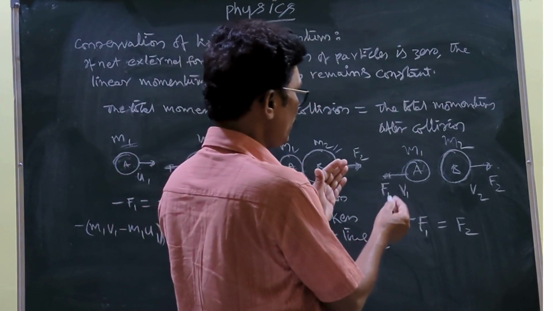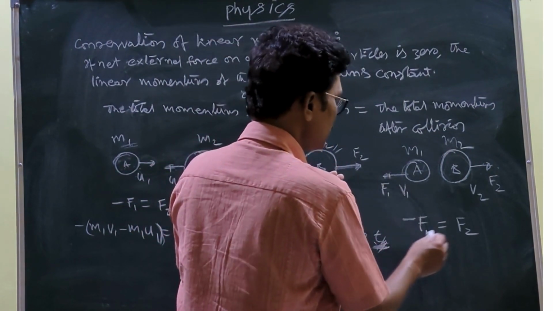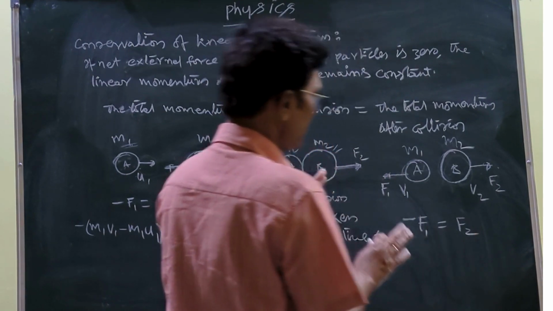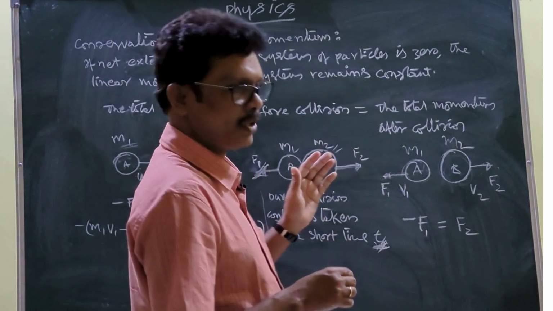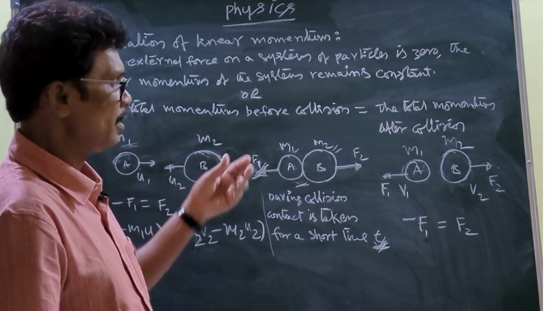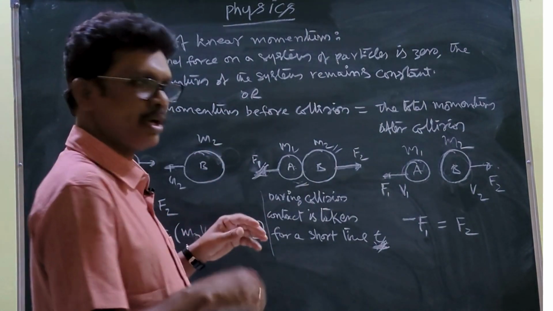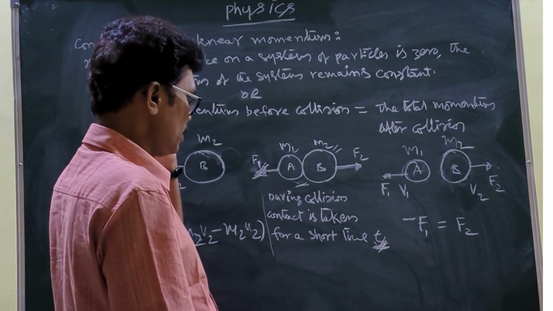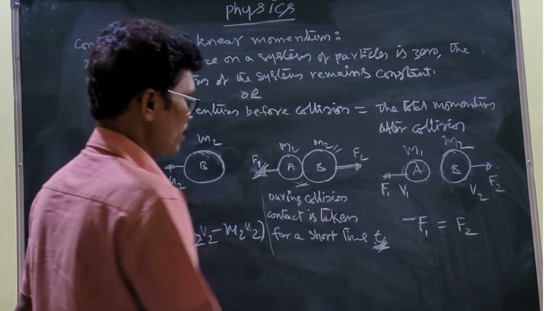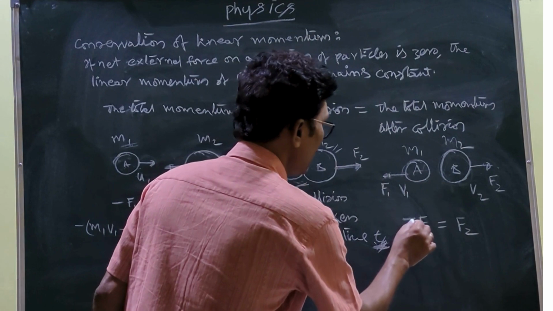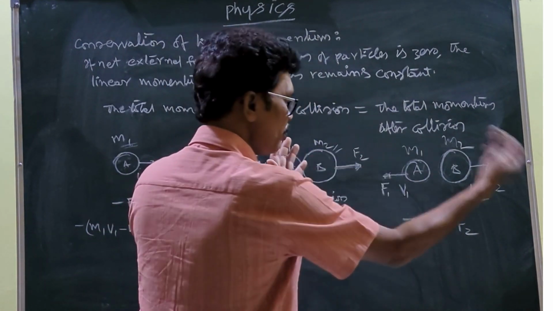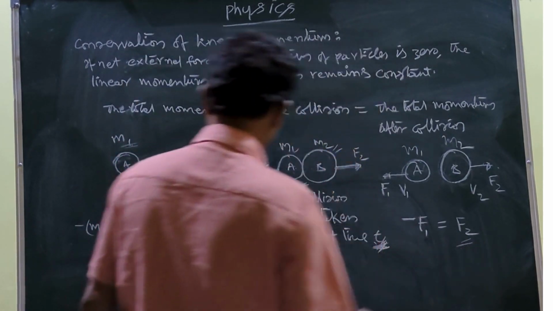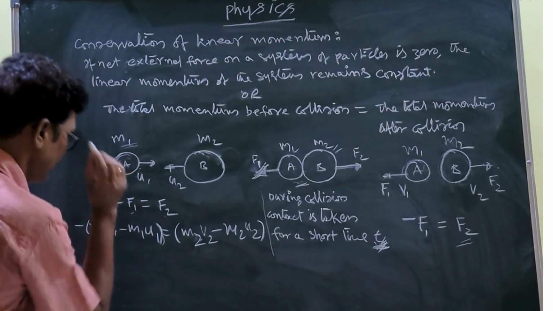Here I take a sign convention: from left to right positive, right to left negative. So I have given the negative sign to F1, and F2 is positive. F1 equals F2, so the net force is zero. Then only the linear momentum remains constant. It is not changed before and after collision, as we already saw in the numerical examples. So minus F1 equals F2.